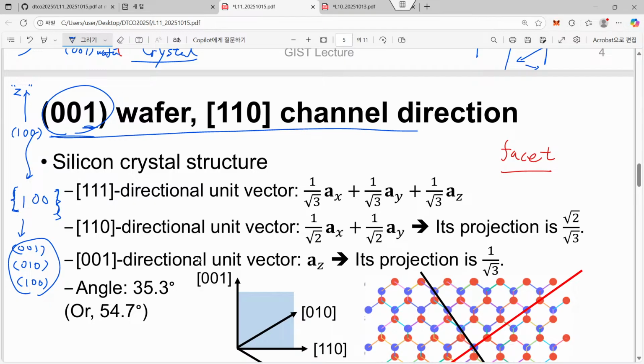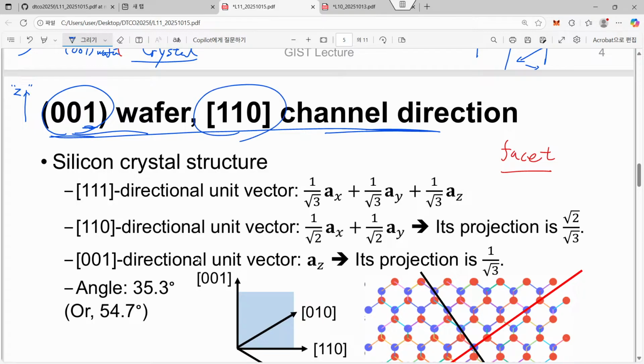Please understand, but anyway, this is our conventional situation. So we have a (001) or (100) surface, and the channel direction is usually set as the [110] direction.